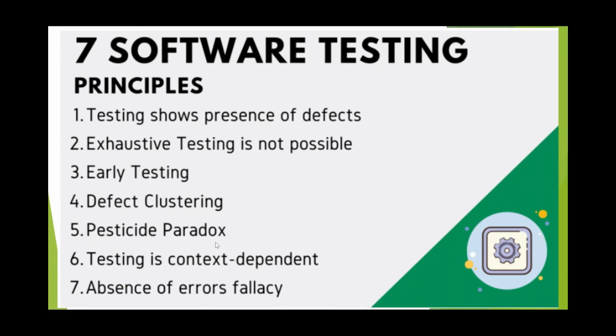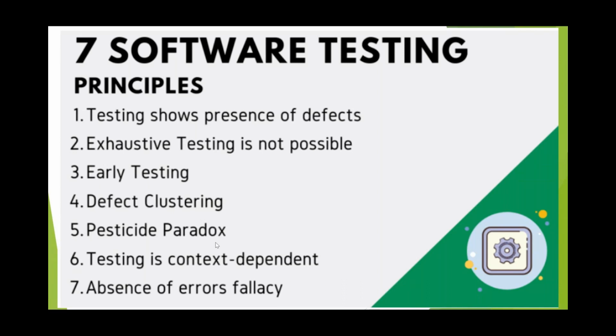So the pesticide paradox is nothing but this: if you are using the same test cases to execute the same application over a period of time, the test cases will behave like a pesticide paradox, meaning the test cases won't be able to find the failures.